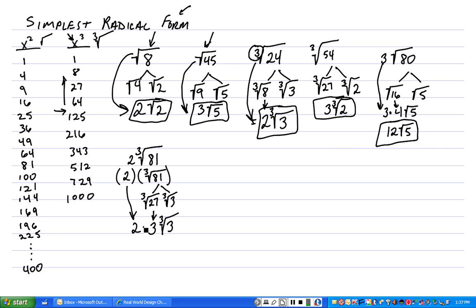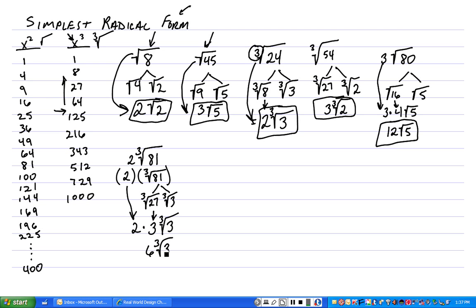When you do that multiplication, what you end up with is 2 times 3, which is 6. 6 cube root of 3. So that's taking a radical and putting it in simplest radical form.